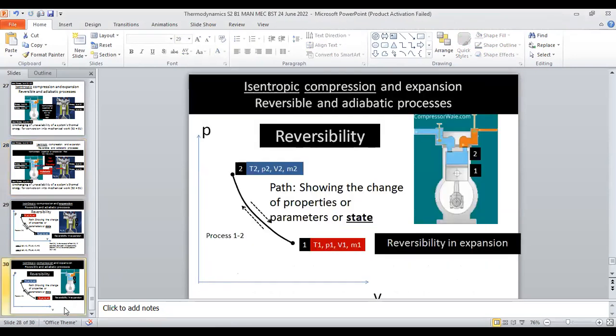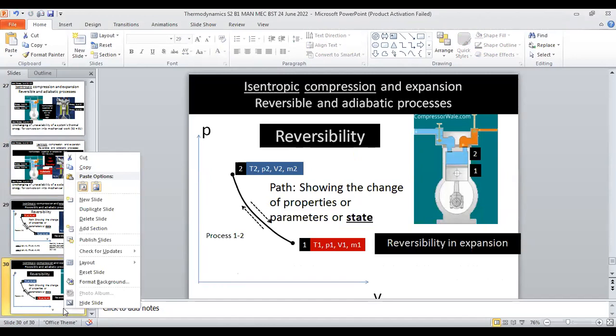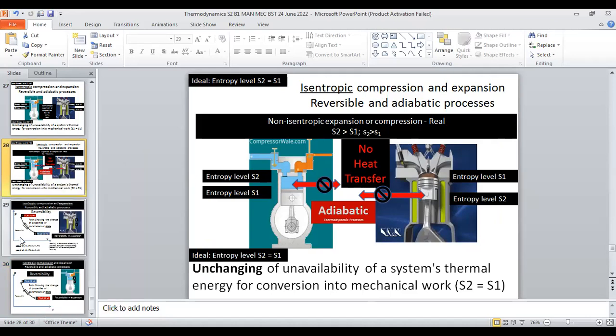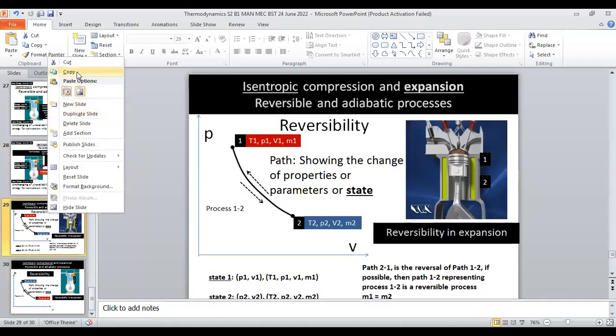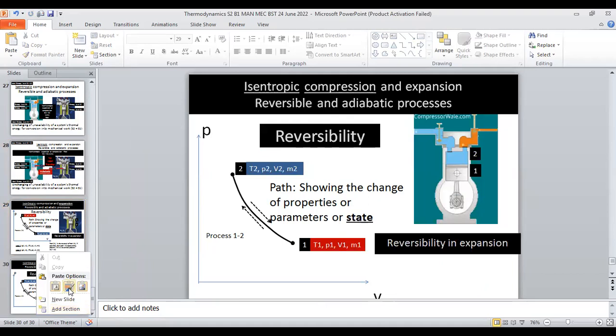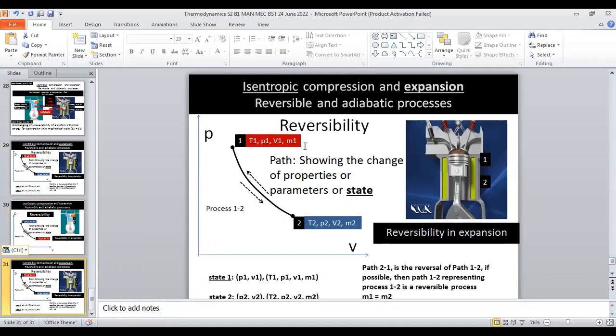Then the next one. Yes, expansion, isentropy.